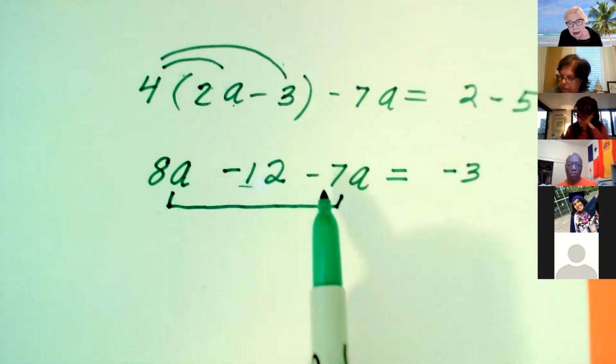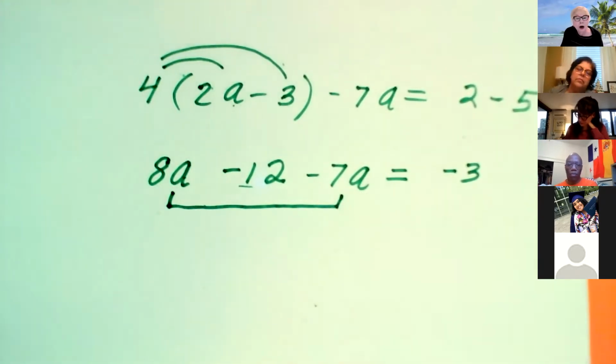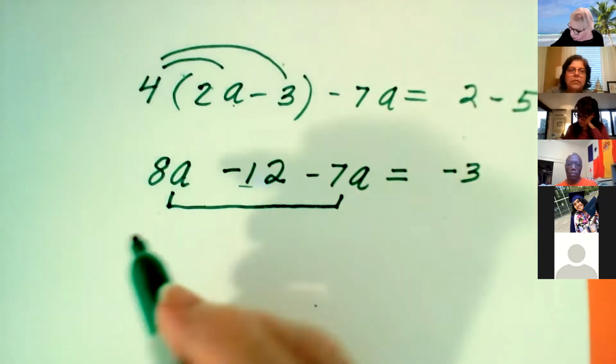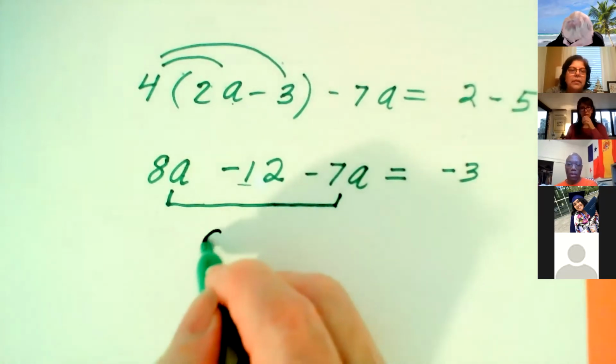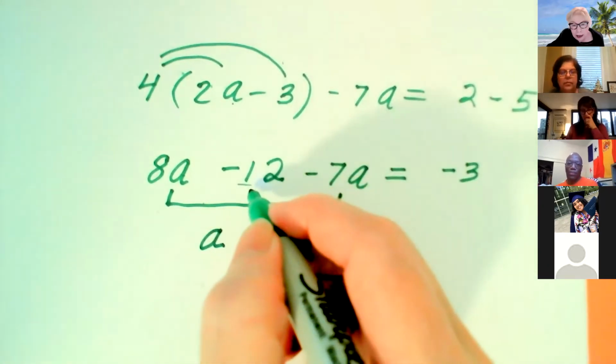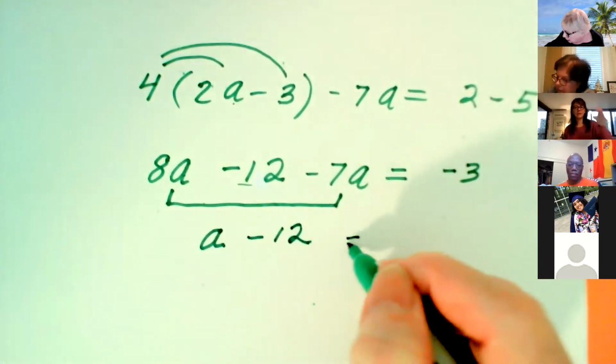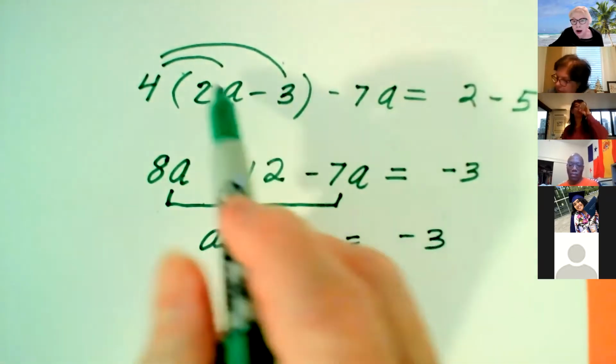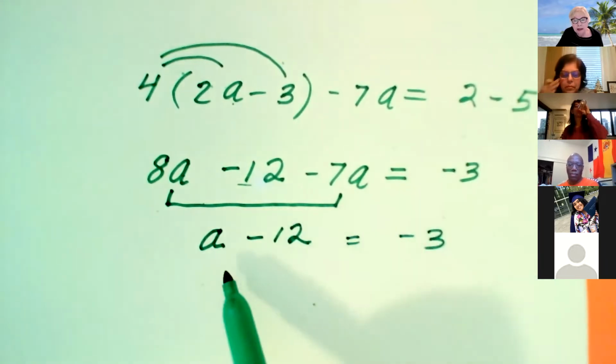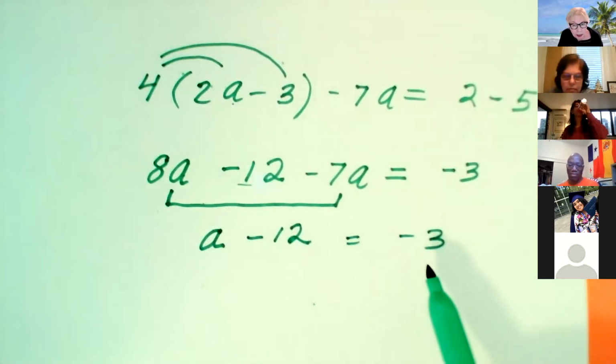But 8a subtract 7a are like terms, and you can combine them. How much? 1a. And then I can't throw that away, I have to just copy it. -12 is -3. So a mess became less of a mess, became a one-step problem.